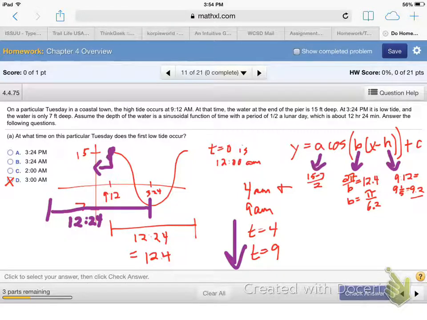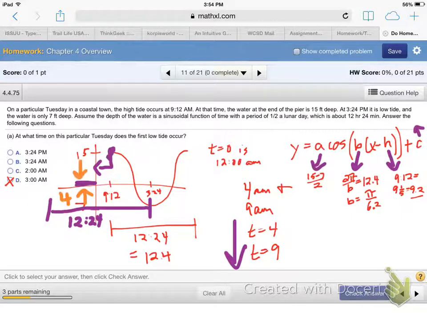And 12 minutes is 1/5 of an hour, so 12/60ths is also 0.2. We can think of that as 9.2. Our peak is occurring at 9:12 instead of at 0, a shift to the right of 9.2. So we can make that horizontal shift component h equal 9.2.